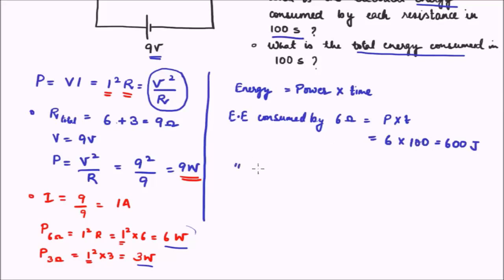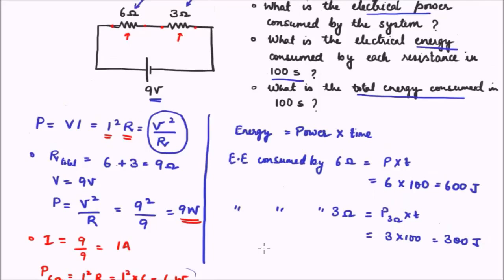Similarly, the electrical energy consumed by 3 ohm will be power consumed by the 3 ohm times the time for which it is running. That gives me 300 joule of electrical energy consumed by the 3 ohm resistor.